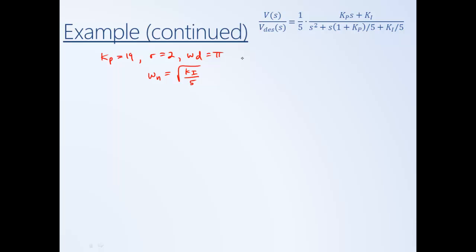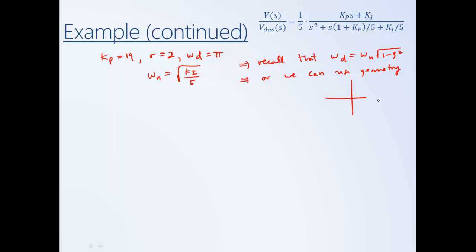So one way to relate these is we can recall that omega d is equal to omega n times the square root of 1 minus zeta squared. Or we can use geometry.